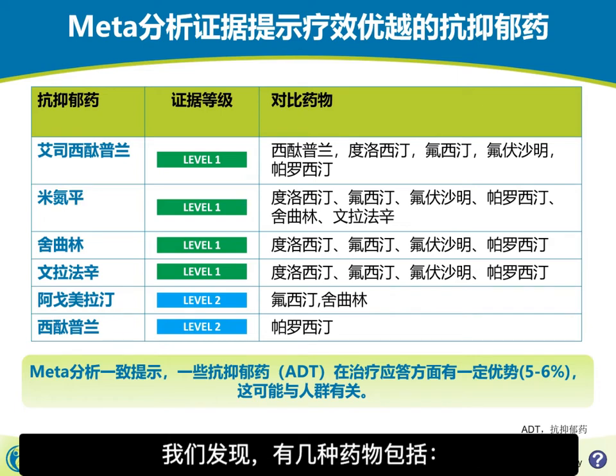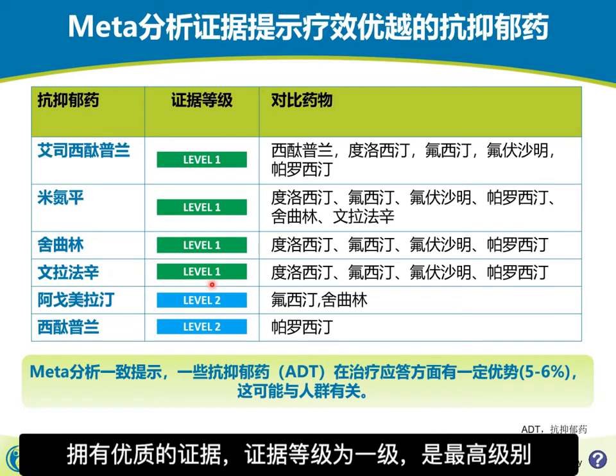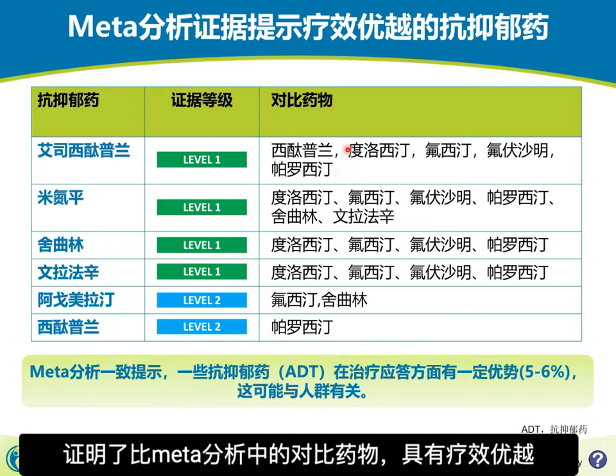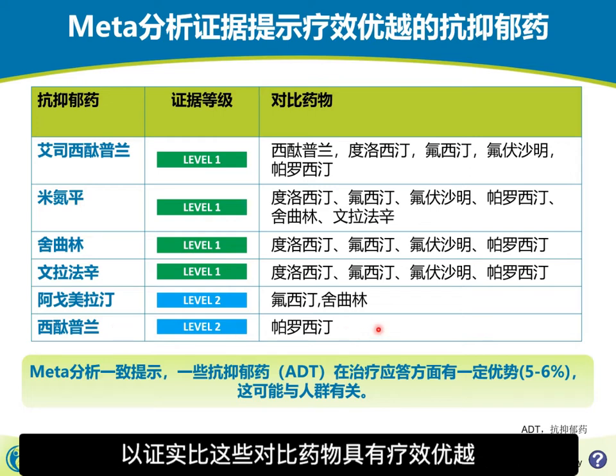And we found that several medications, including escitalopram, mirtazapine, sertraline, and venlafaxine, had good quality evidence, level 1, the highest level, to support some superior efficacy compared to the comparator medications in these meta-analyses. Agomelatine and citalopram had some evidence, not quite as strong, to support their superior efficacy compared to these comparator medications.